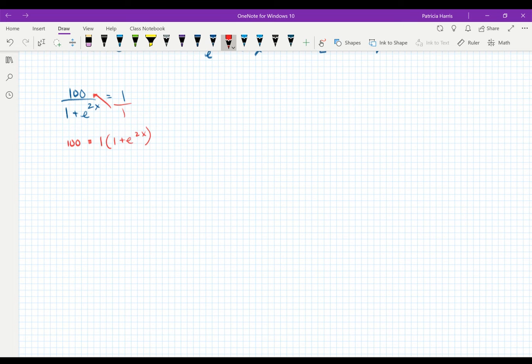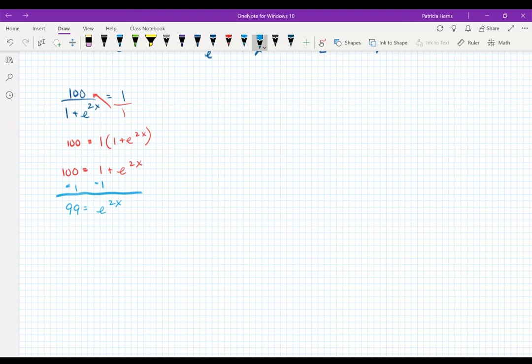All right, well, that's not so bad. Just multiplying by 1. All right, so now I want to work on isolating that e. So I'm going to go ahead and subtract that 1.